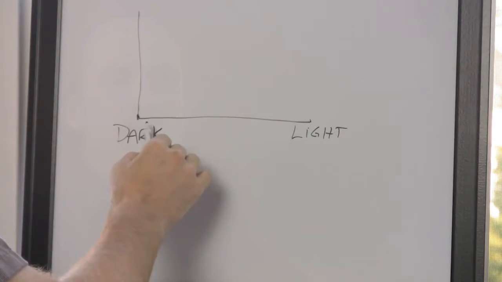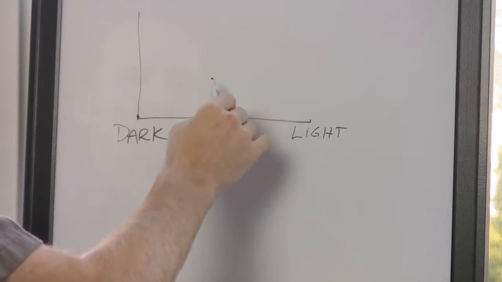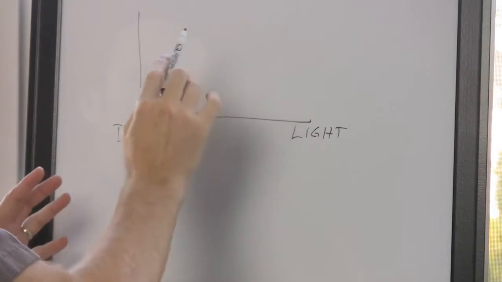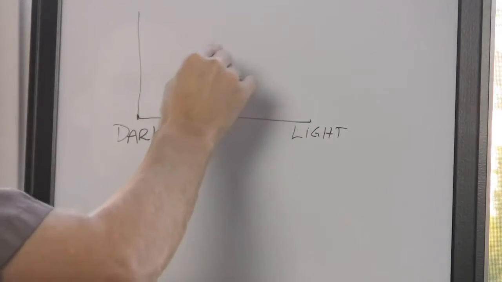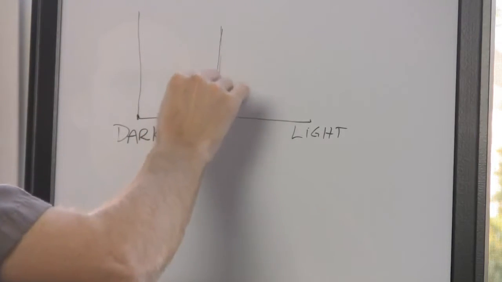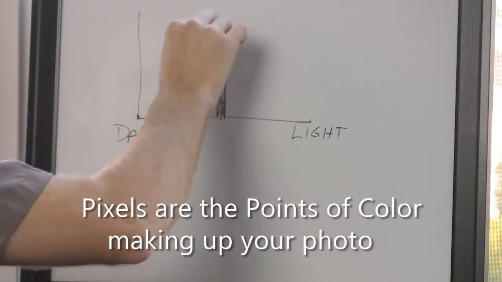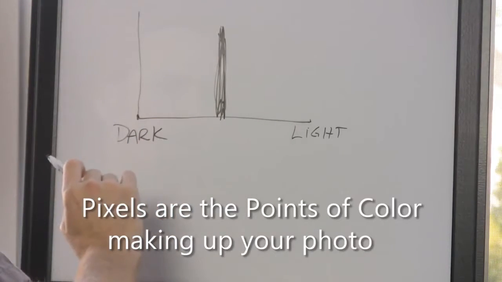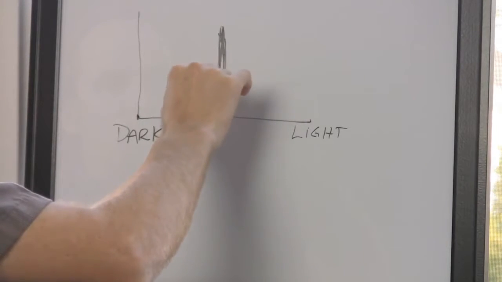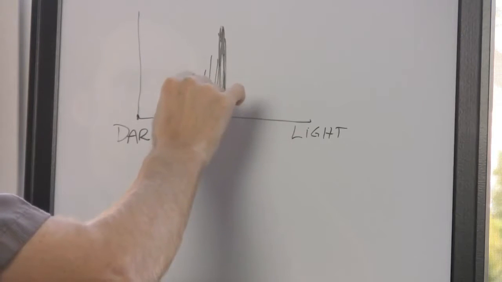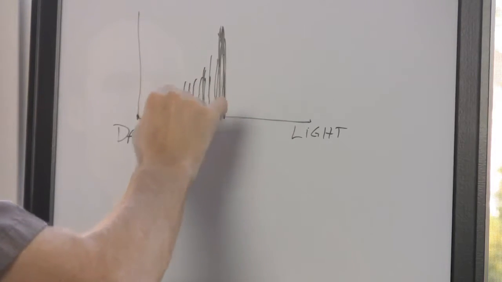Now, if you take a photograph of, let's say, a grey object, and you just take a photo close-up, so all you've got is the grey light, you'll end up with a bunch of pixels straight down the middle here. So that'll indicate that you've just got grey pixels. And then if you have some shadow detail on that, then the shadow detail will stretch down to here.